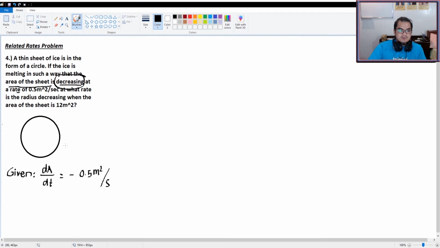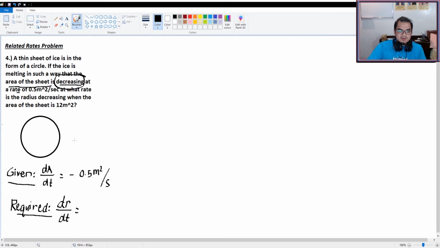So we are now required to find at what rate is the radius decreasing. So rate of radius with respect to time, so that must be dr over dt.